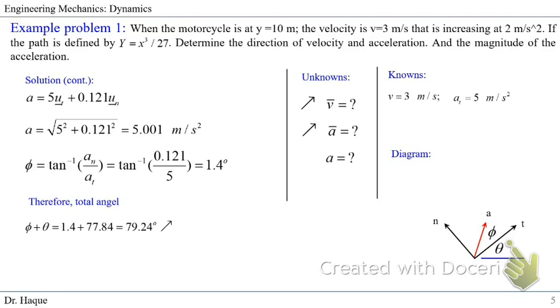which is 79.24 degrees. One thing: my bike is moving upward, so that's why my angle is this one, and this one was my velocity angle.